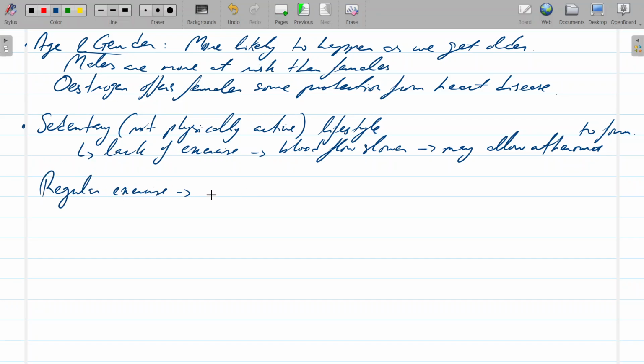It tones your skeletal muscles, which are the ones with your bones, and makes them stronger. And it also tones your heart muscles. And so what it does is it affects your blood. It leads to improved blood flow overall.